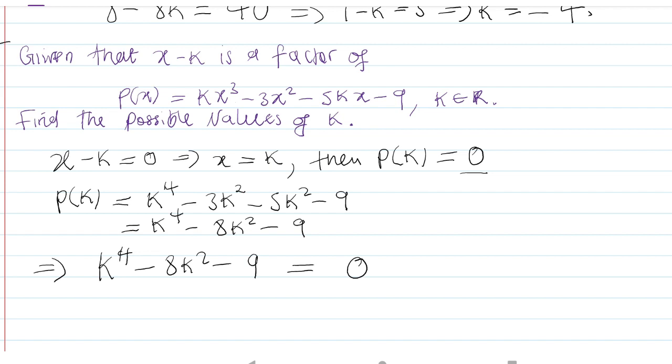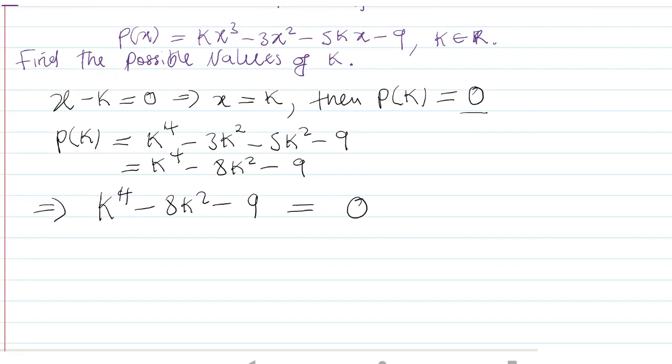Okay. Next, what do we do? Because we are looking for the value of k. All right. Now, look at this equation. This equation has a power 4 and a power 2. So we are going to take an arbitrary letter.